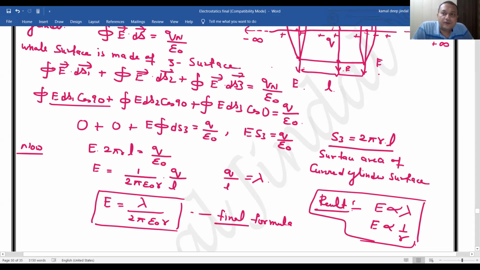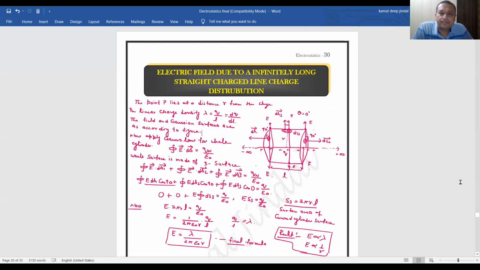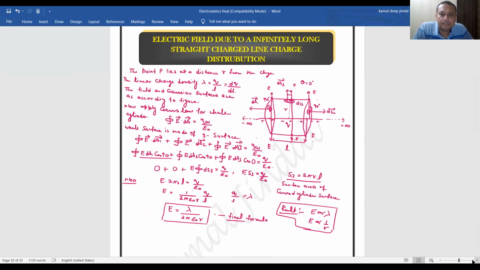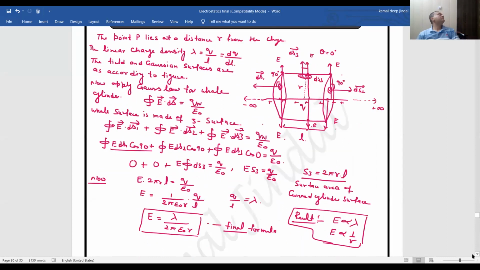Now you do it on your copy, and I am reducing its size a little bit. Do it.